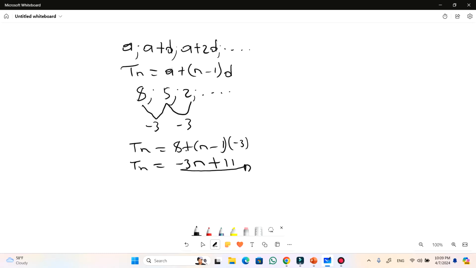Our question here says calculate the 15th term. The 15th term is the position, so we are looking for the 15th term. Here we will just substitute 15.